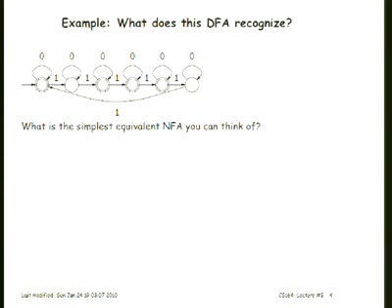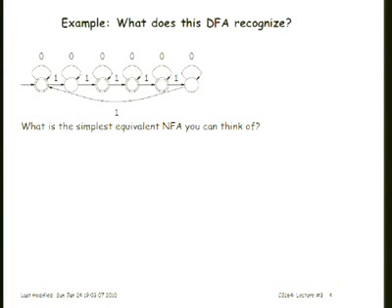Okay, that's almost correct. So he's saying that the number of ones in the string is either 0, 2, 3, or 4 modulo 6.